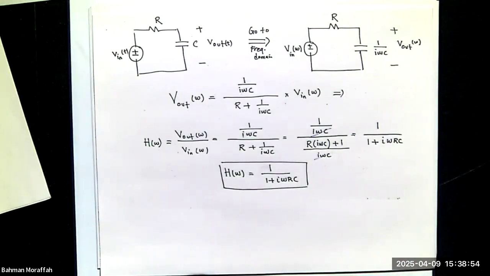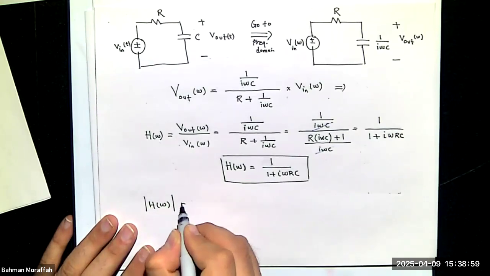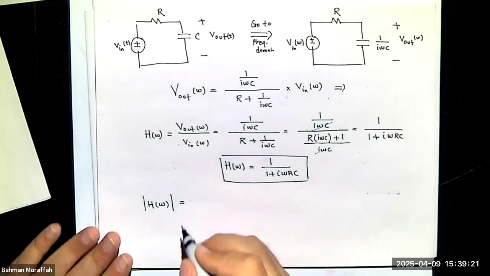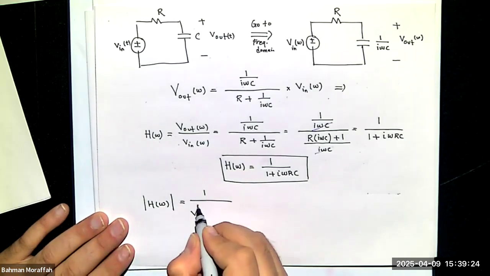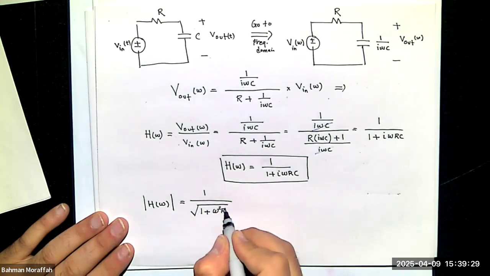What is the magnitude of H of omega? It's the magnitude of the top divided by the magnitude of the bottom. What I have down here is a complex number. What is the magnitude of this complex number? Square root of the real part squared plus the imaginary part squared. So it is 1 over the square root of 1 plus omega squared R squared C squared.